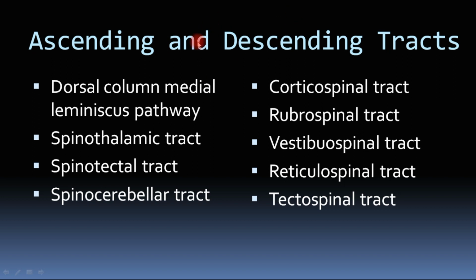As you can see here, we have already had the class on descending tracts and ascending tracts. Just revising one more time, the major ascending tracts are the dorsal column medial lemniscus pathway, which carries the sensation of fine touch, vibration and proprioception, and the spinothalamic, or anterolateral pathway, in which the anterior spinothalamic tract carries crude touch and pressure, and the lateral spinothalamic tract carries pain and temperature.